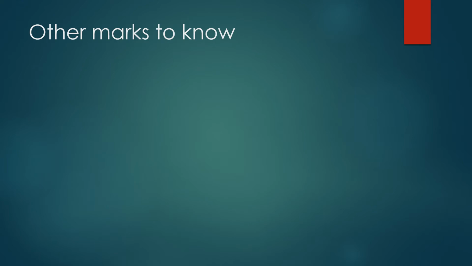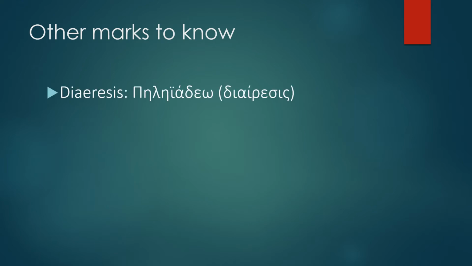There are a couple of other marks to be aware of. First is the diaeresis, and it kind of looks like a German umlaut. It's the double dot here above the iota. Diaeresis literally means a tearing or taking apart. And it's called this because you're taking apart what would be a diphthong. So this word here, that iota is not pronounced with the previous eta.